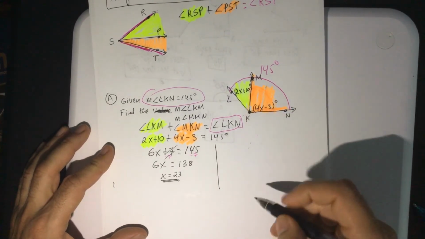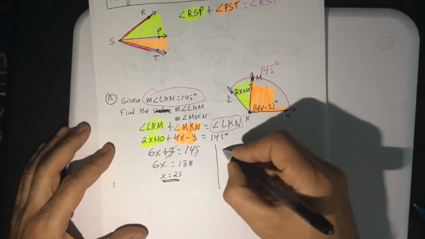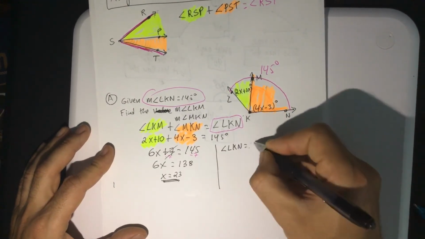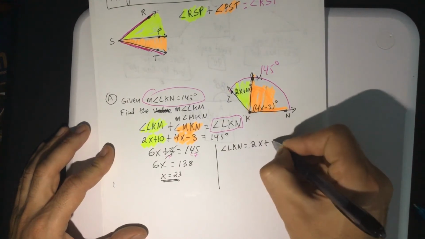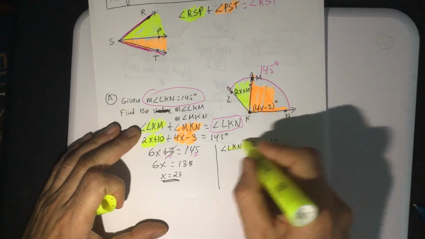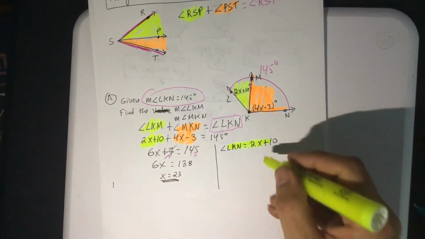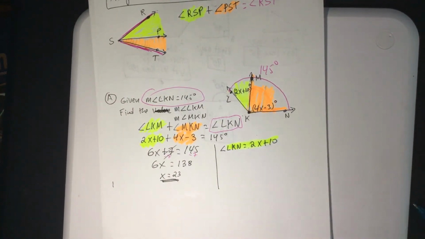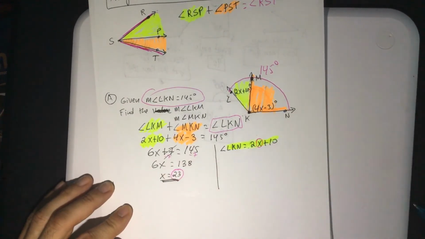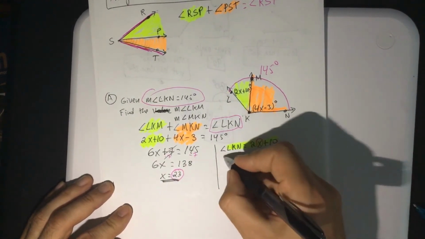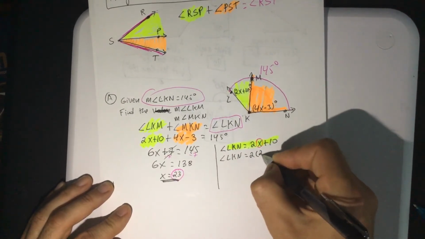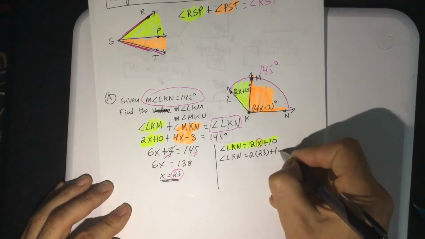Let's put it over here. So basically, LKN is equal to 2 times x plus 10. Remember, that's the yellow angle. The x right there goes in here, right? So that will be 2 times 23 plus 10.